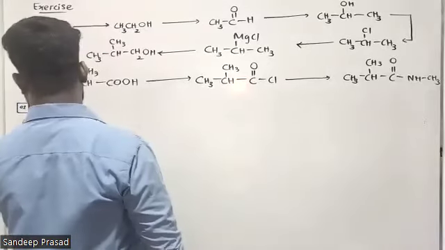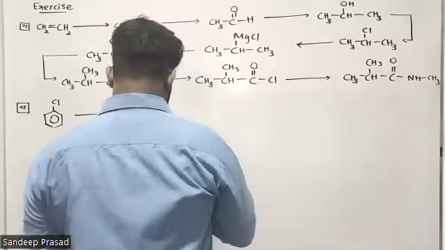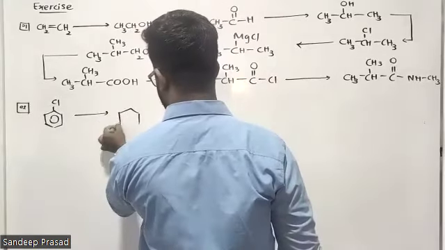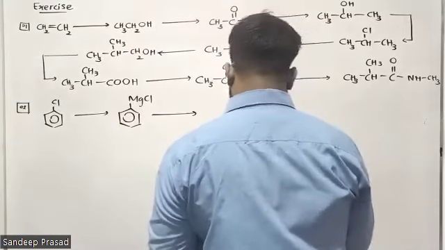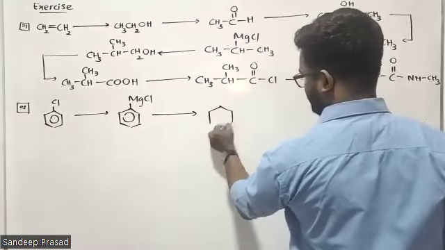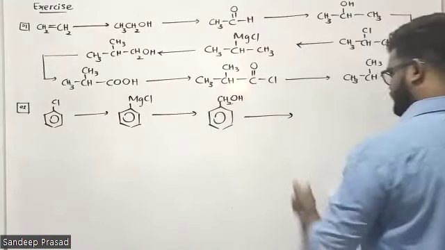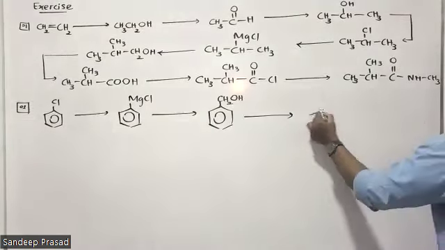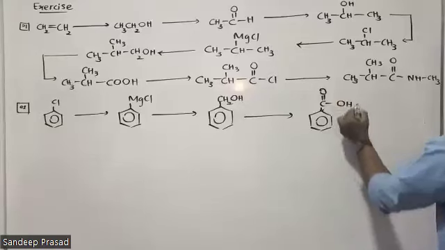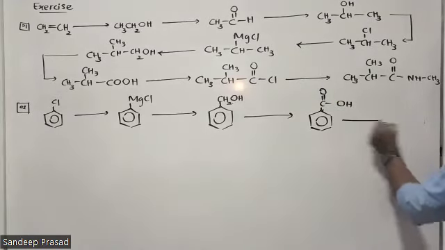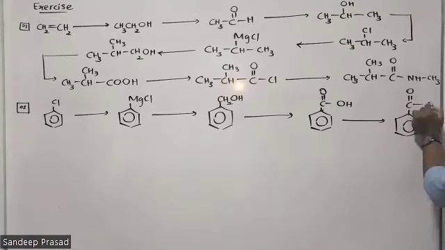Number 2, let's start from chlorobenzene. Producing a Grignard reagent like this. Benzyl alcohol. Benzoic acid. Benzoyl chloride.